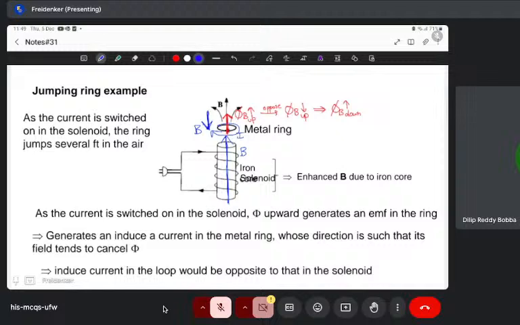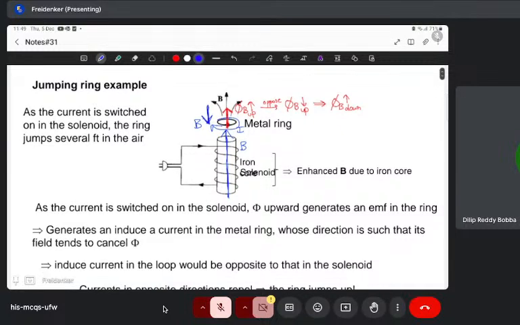Why is the ring jumping? Because you can write this explanation: in the short instant of time, basically, magnetic flux is changing from the time the switch is turned on. Therefore, an EMF is induced in such a way that the change in magnetic flux is opposed.